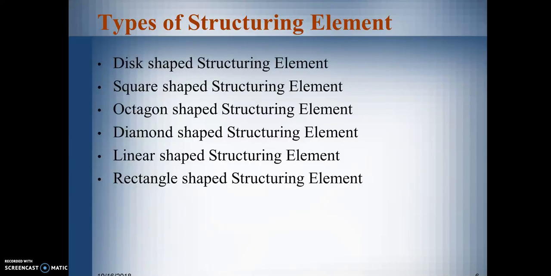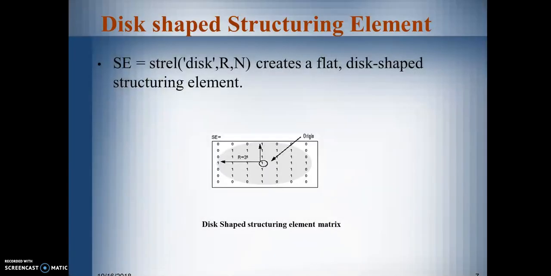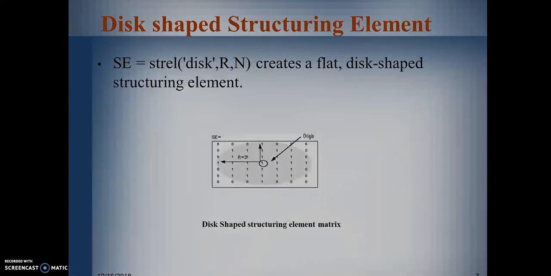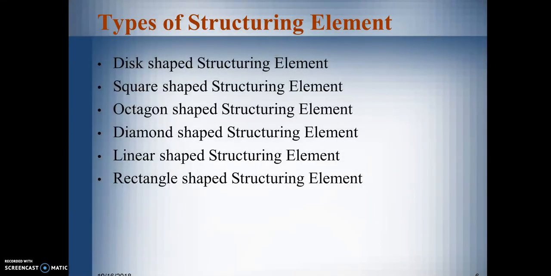There are many types of structuring elements available: disc shaped, square shaped, octagon shaped, diamond shaped, linear shaped, and rectangular shaped structuring elements. We can define these structuring elements in any implementation, in MATLAB, in Python with OpenCV, and in other software. All the image processing software support these operations.